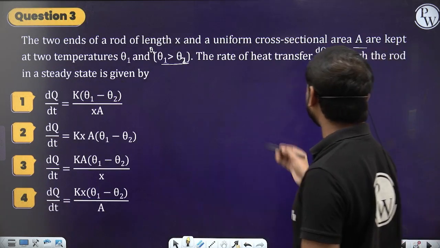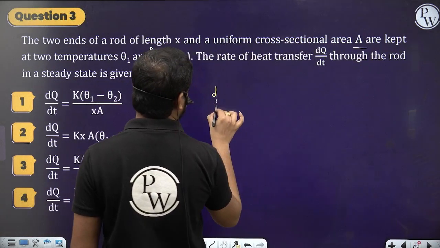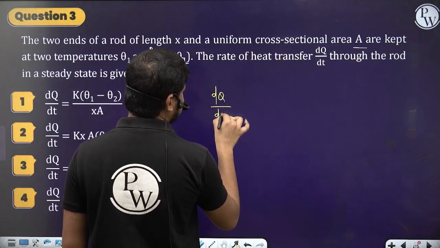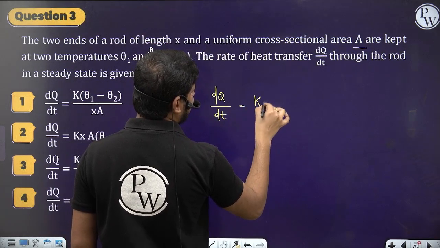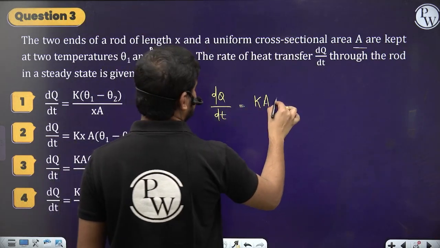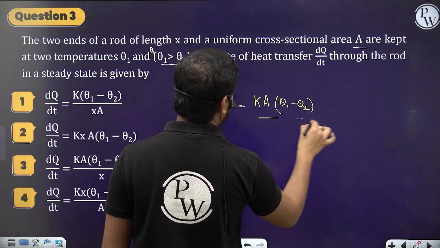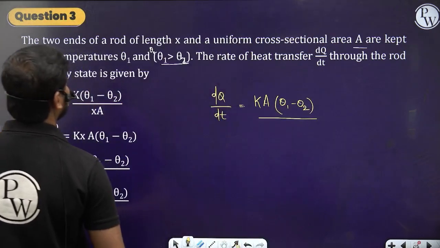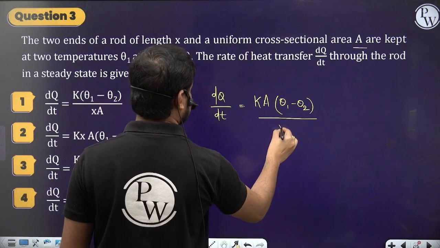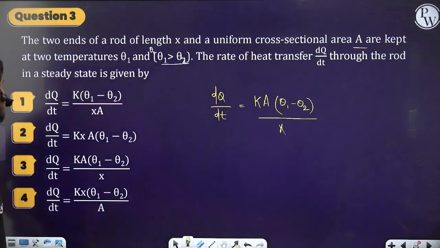So dQ by dt is equal to K A into the temperature difference, theta 1 minus theta 2, by the length x. That's the rate of heat transfer.